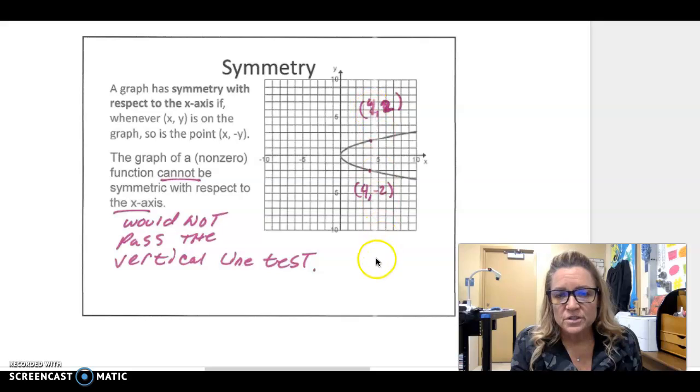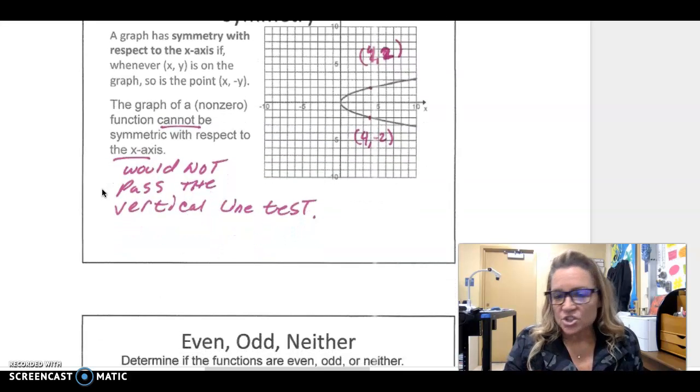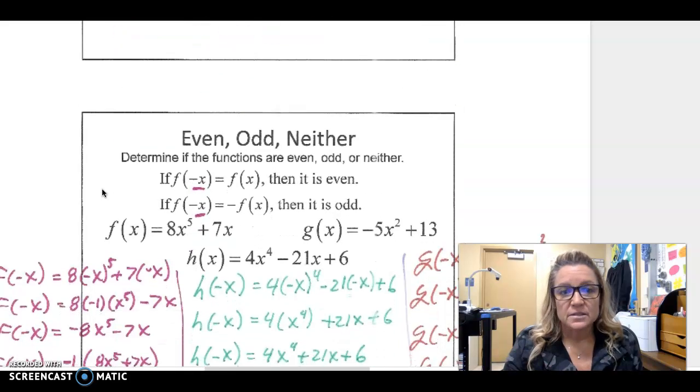So the same, just over the x-axis. The graph of a non-zero function cannot be symmetric with respect to the x-axis because why? It would not pass the vertical line test. Okay? So you say it's not symmetric, and you can just say it doesn't pass the vertical line test.